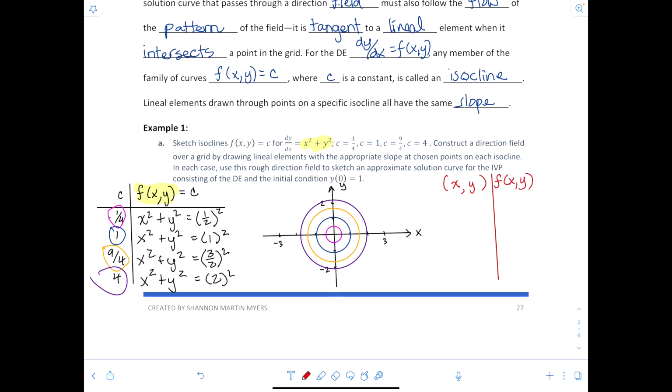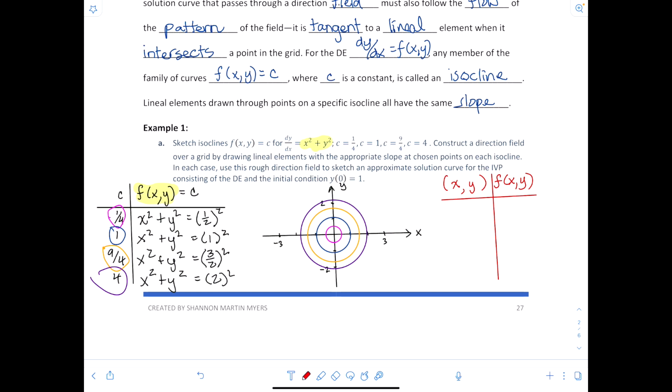And here's this super awesome, amazing thing. You find one point on one of these circles, and our little slope linear elements are going to be the same for that whole circle, every point on that circle, and that's why this is so amazing.